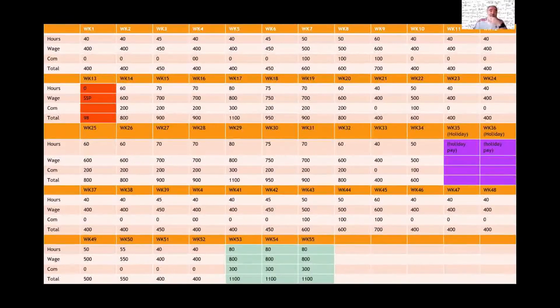There's an example where we're having to bear in mind some additional factors. Someone is off. They've been paid SSP in week 13. The important thing is that they haven't earned anything for anything else. So they've got their £98 SSP, but they haven't got any pay for hours worked. So you would need to exclude that from your calculation.